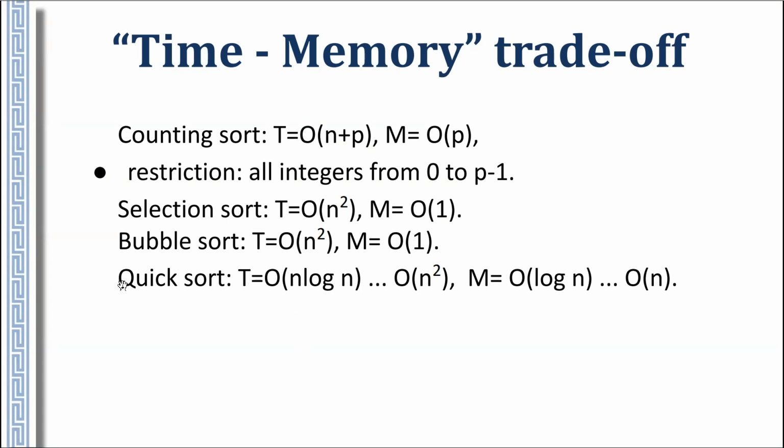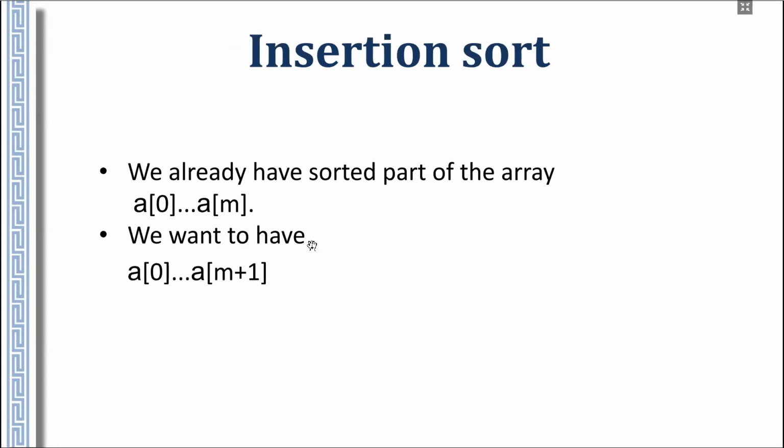So firstly, as quick sort gives us a faster version of bubble sort, we consider another slow sorting algorithm called insertion sort, and after that consider an improvement of this algorithm with better time complexity that doesn't depend on worst case and best case and so on. And in the worst case, it has n log n time complexity. So let's start with insertion sort.